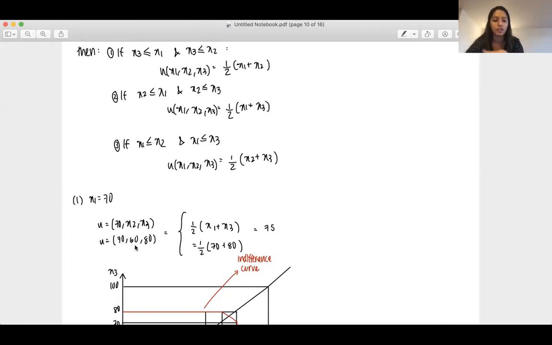So that's the one we're going to drop. We're not going to consider 60 anymore. So we're going to do half of x1 plus x3, which is half of 70 plus 80, which is 75. So this is the first part of the question solved. Now we know that the utility that she gains, or her final exam score, is 75. So she's gotten a 75% overall because we dropped her second exam score.